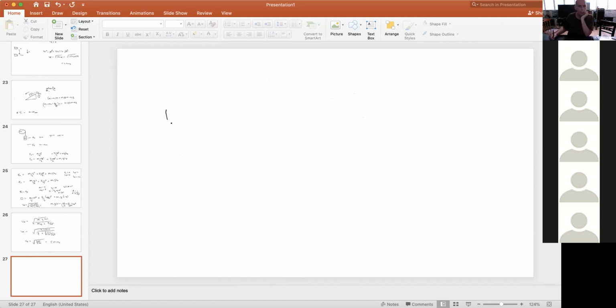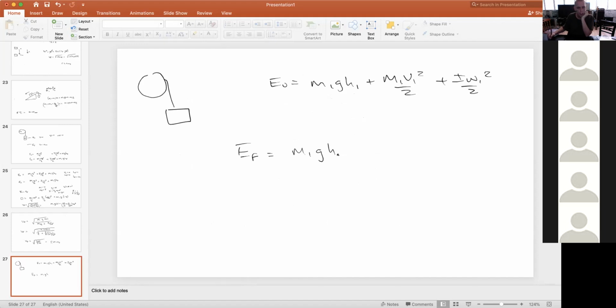So if I have this, my energy initial is M1GH1 plus M1V1 squared over 2 plus I omega 1 squared over 2, and these are all 0. E final is M1GH final plus M1V final squared over 2 plus I omega final squared over 2.